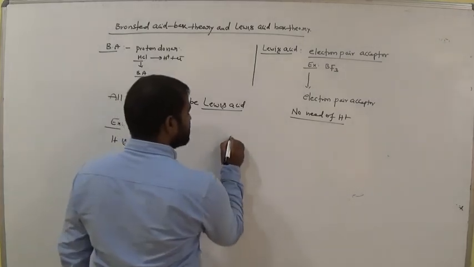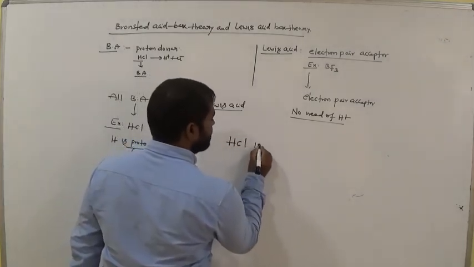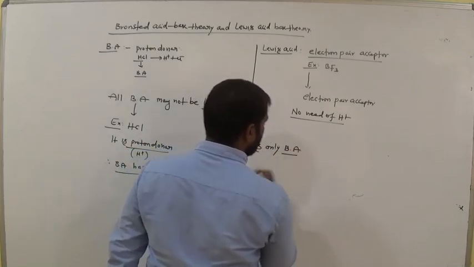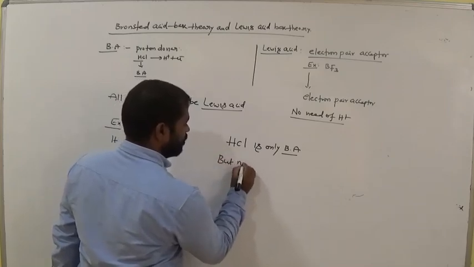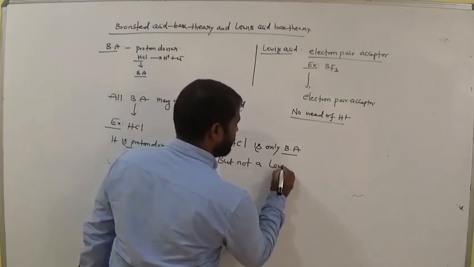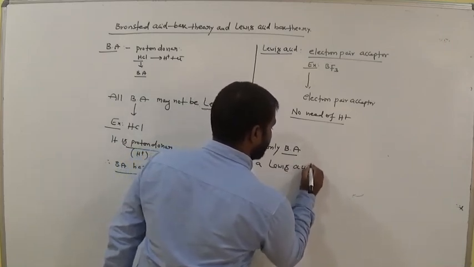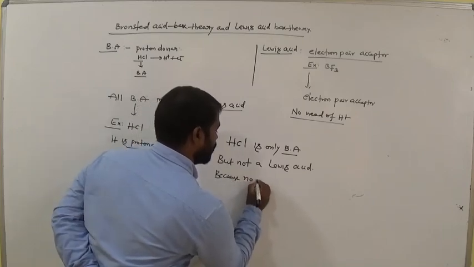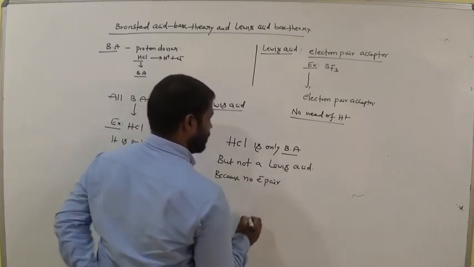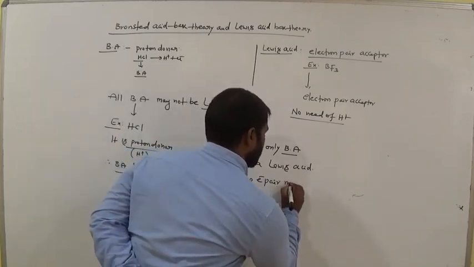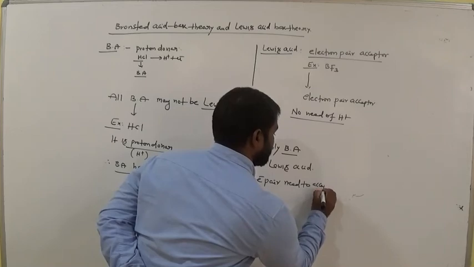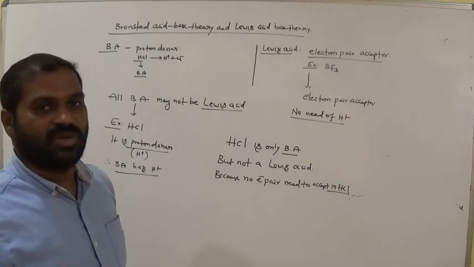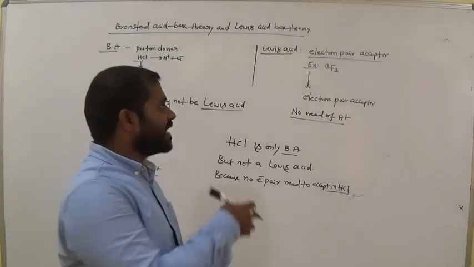Now HCl is only a Bronsted acid, but not a Lewis acid, because there is no electron pair to accept in HCl. HCl cannot accept a lone pair. If it accepts a lone pair, it acts as a Lewis acid.